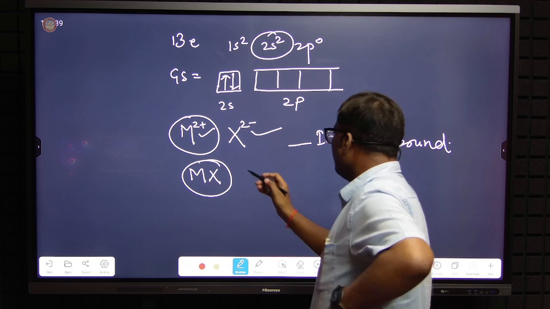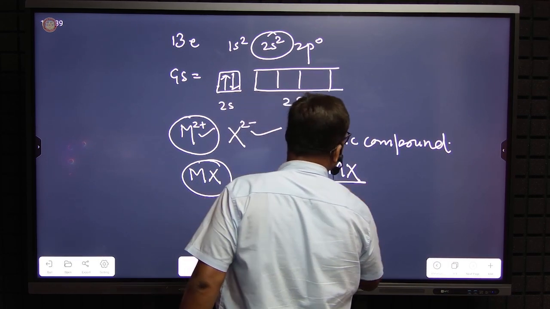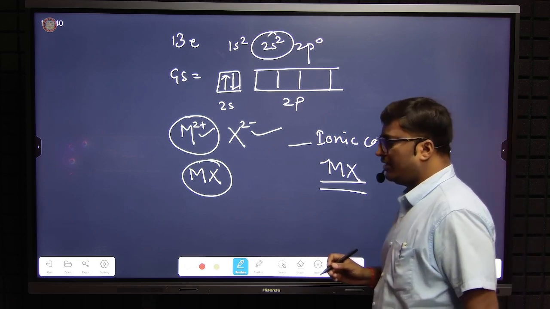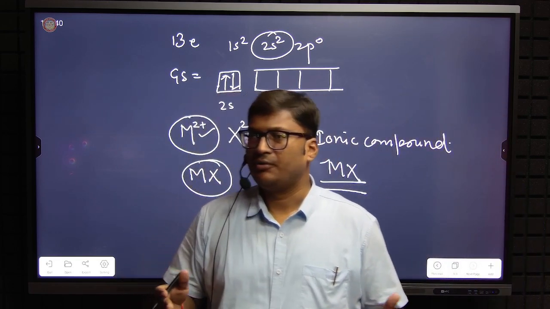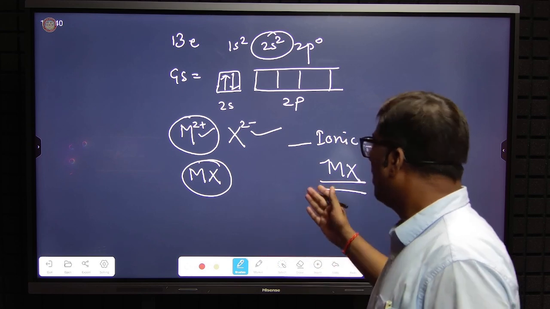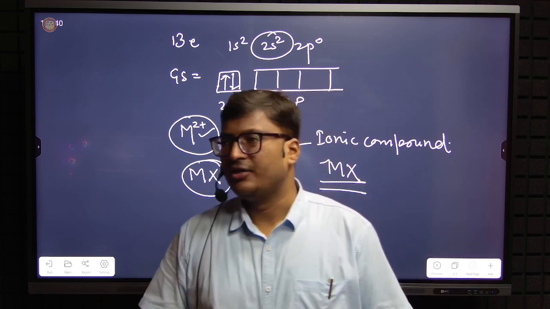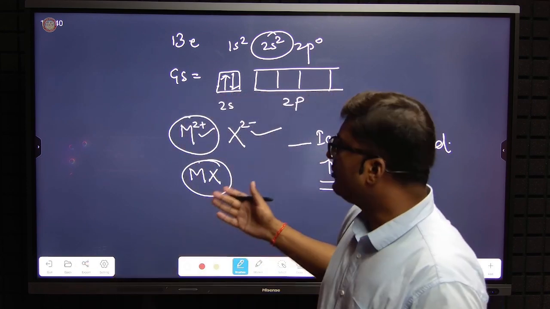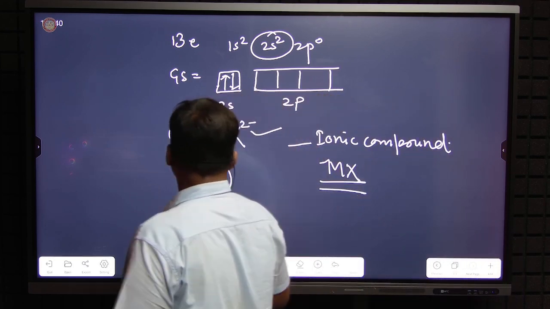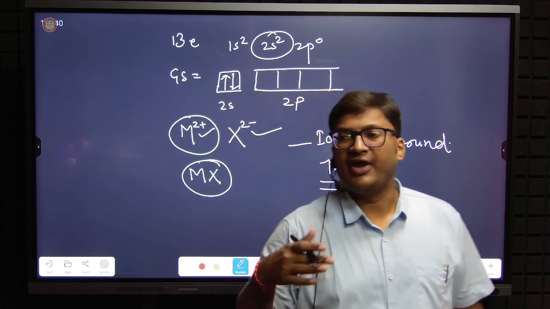So this is your MX, ionic compounds. But in practice, all the compounds formed by alkaline earth metals are not purely ionic. Rather, some compounds are covalent in character. The covalent character is due to polarization effect.